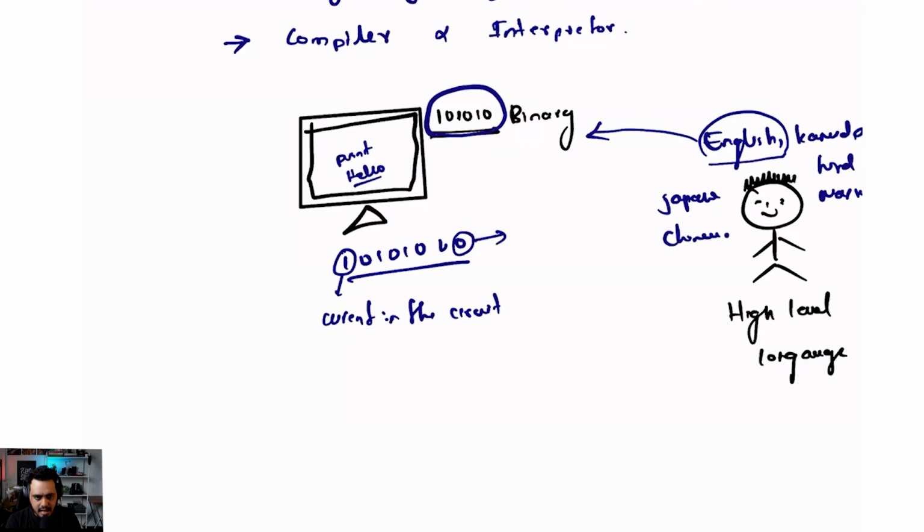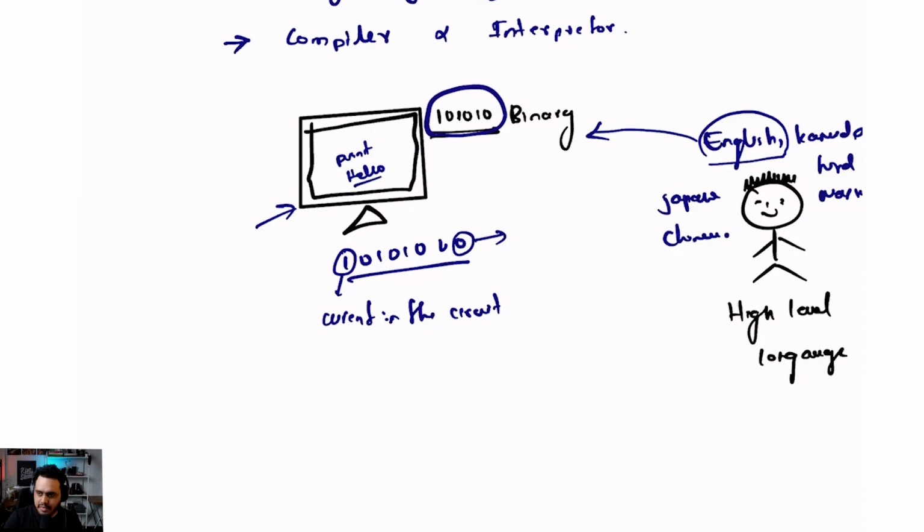So basically, by electrical signals on and off, our computer understands whatever we want. But can I communicate in terms of current? Can I keep turning on and off and tell the computer? That also I can't do, right? Computer can't understand English, and I cannot turn on and off.